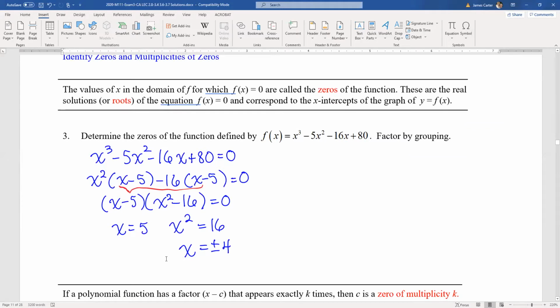Zeros and multiplicities. When we find zeros, in other words, the x values on a graph, we need to determine whether they're touch and go or whether they're crossing in order to be able to graph them.